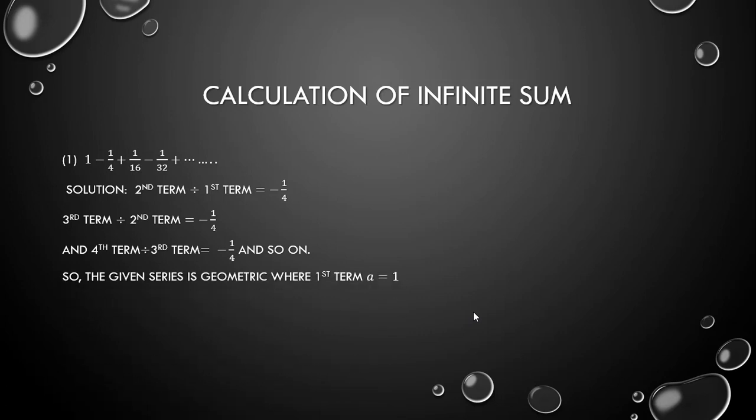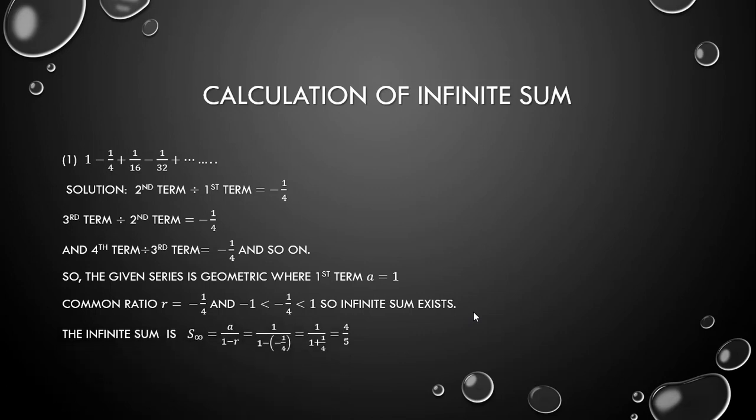So we can say that the given series is geometric, where the first term a is equal to 1 and the common ratio r is equal to minus 1 by 4. Also, minus 1 by 4 is a number in between minus 1 and 1. So we can say that the infinite sum exists.